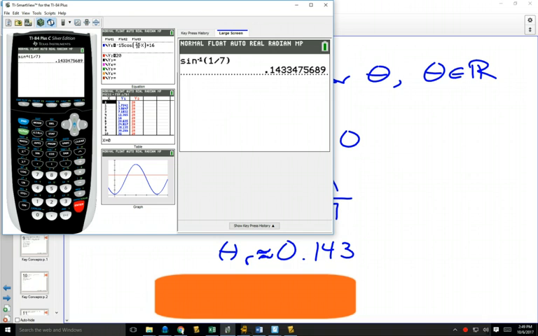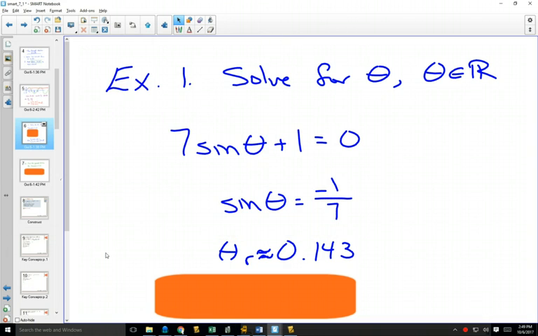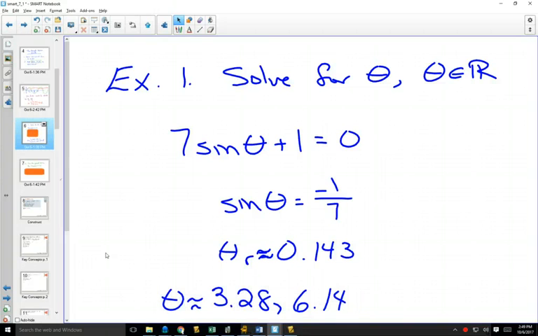Once I've found my reference angle, I have to think: sine is negative. What quadrants does that happen in? Quadrant 3 and quadrant 4. So to figure out our angles first between 0 and 2 pi, I'm going to have to figure it out in quadrant 3 and in quadrant 4.